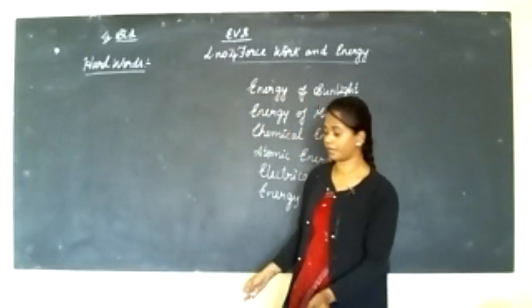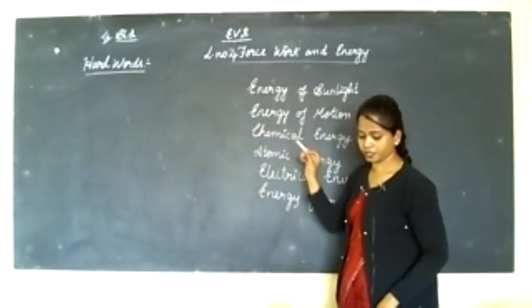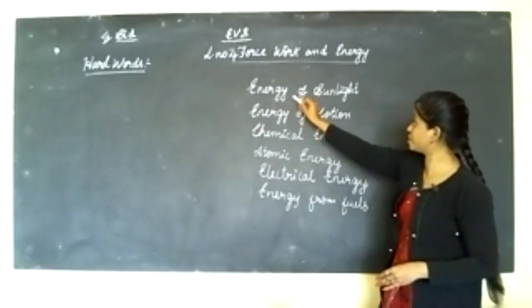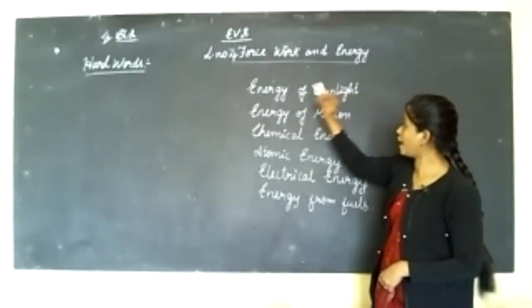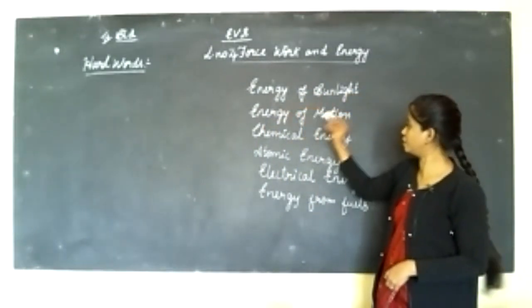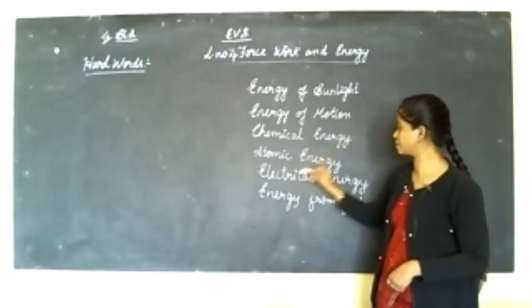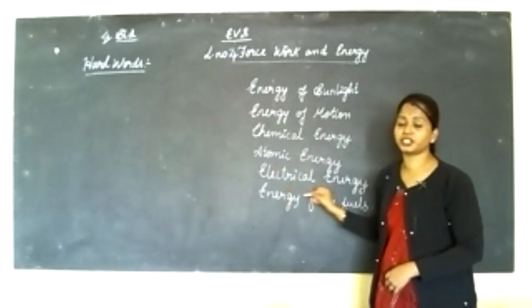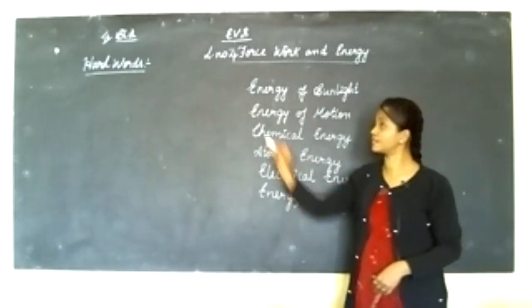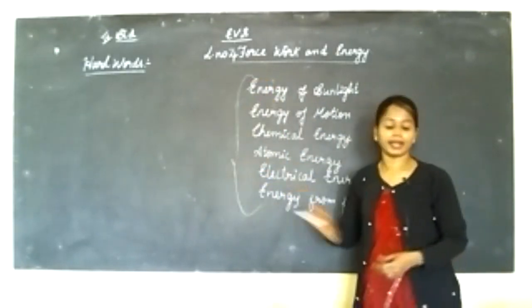These are the different types of energy. Which are those? Energy from sunlight, energy of motion, chemical energy, atomic energy, electrical energy, and energy from fuels. Okay, these are some of the types of energy.